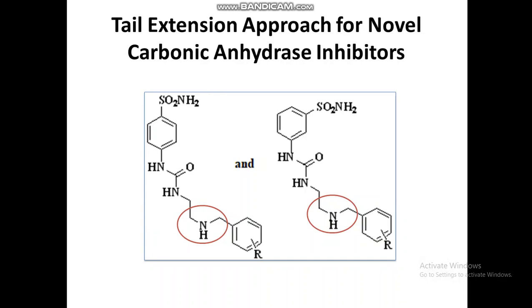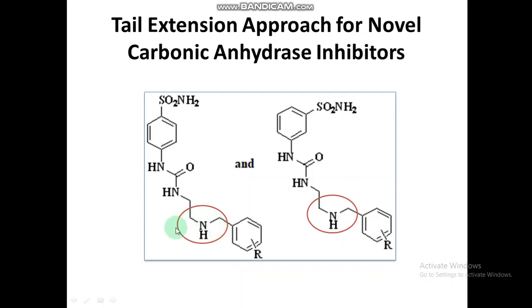So, the tail extension approach for novel carbonic anhydrase inhibitors. Taking that reference compound, we designed a compound in which we extended the tail.